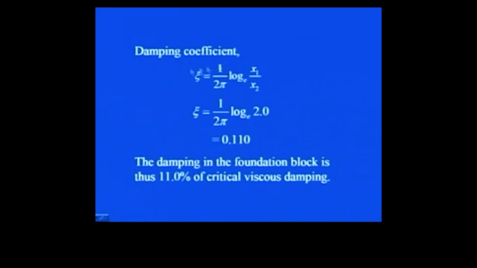So we can find out the damping coefficient or damping factor using this expression, that is 1 by 2 pi log base e x1 by x2. This x1 by x2 from the data we have got to be equal to 2. So this zeta will be working out as 0.110. So if we talk in terms of percentage, the damping in the foundation block is thus 11% of critical viscous damping.